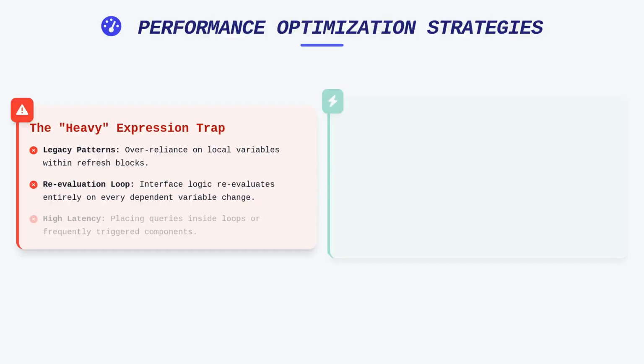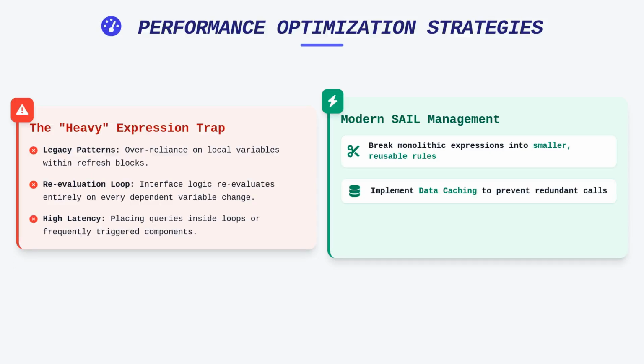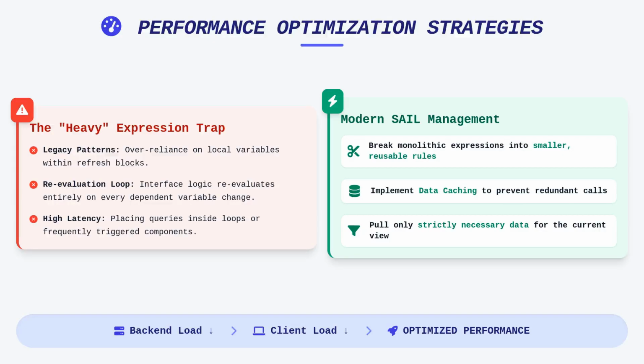To combat this, you should aim to minimize the complexity of your calculations by breaking large, monolithic expressions into smaller, reusable rules. Avoid putting high-latency queries directly inside a loop or a functional component that triggers multiple times during a refresh cycle. By caching data where appropriate and only pulling what is strictly necessary for the current view, you significantly reduce the load on both the client and the backend.